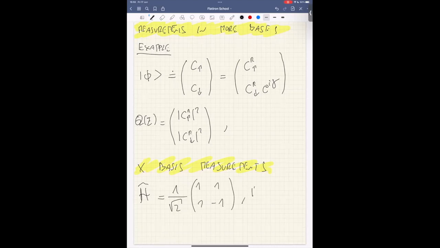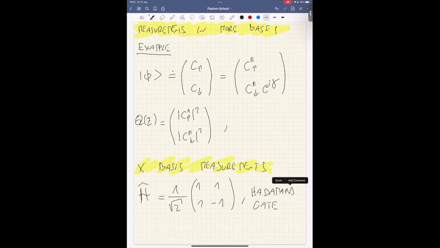This is known as the Hadamard matrix or the Hadamard gate. So this is a basis transformation that transforms a state defined in the Z basis into a state that is now defined in the X basis, so that when I measure in the X basis, I will get coefficients from this transformed state squared. I mean, the measurements will be sampled from this.